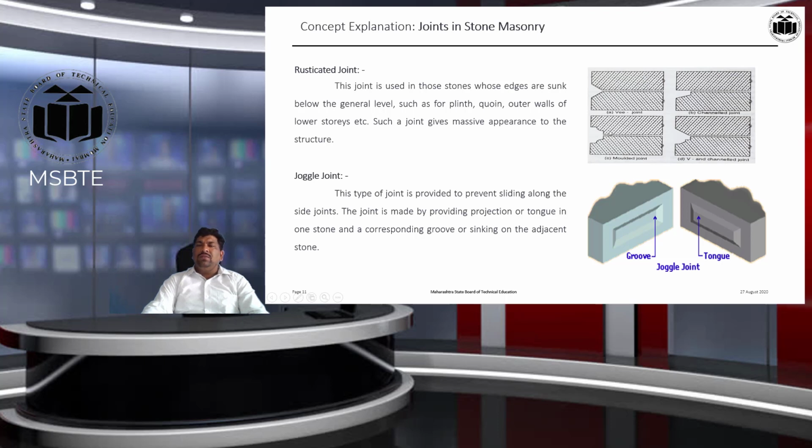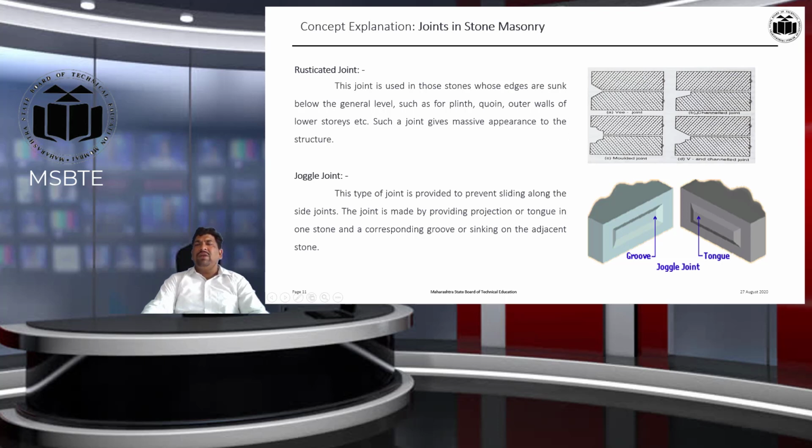Generally, what exactly is done in this type of joint is that a particular shape is provided to the stones one over another, and due to this type of cutting, it gives a very good appearance, and that's why this type of jointing is provided at the lower portion of the sunk below the general levels for plinth, quoins and outer walls of lower story, etc. So this is nothing but the rusticated joint.